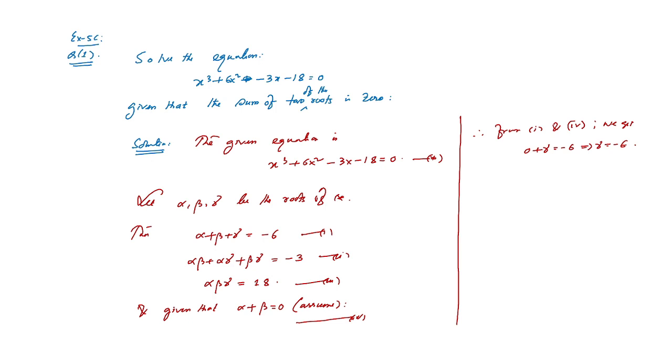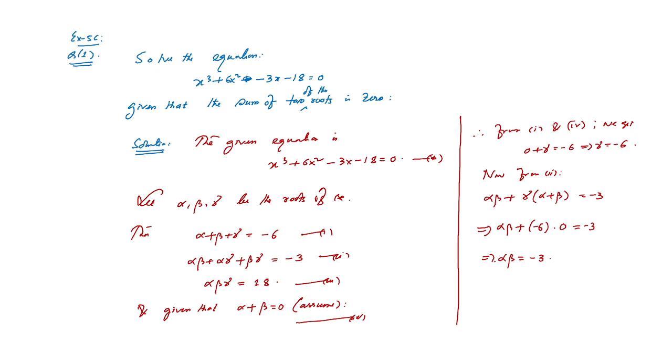Again, from 2 we can write alpha beta plus gamma into (alpha plus beta) equals to minus 3. So here the value of gamma is minus 6 and alpha plus beta is 0, so alpha beta equals to minus 3.